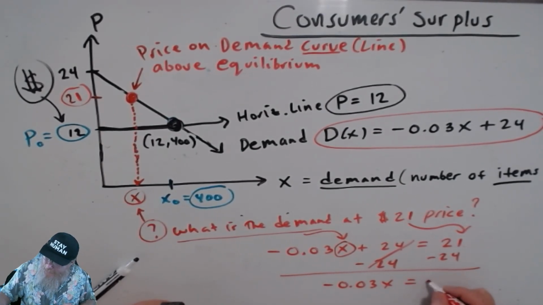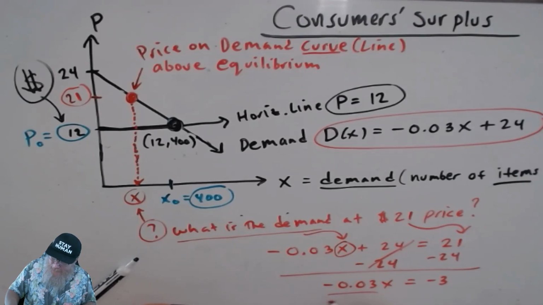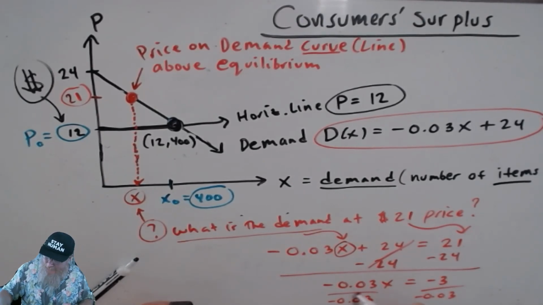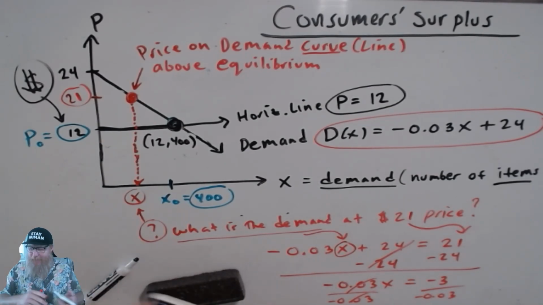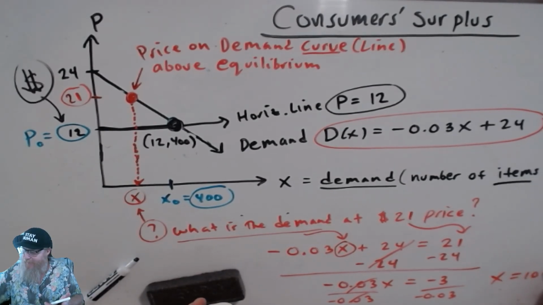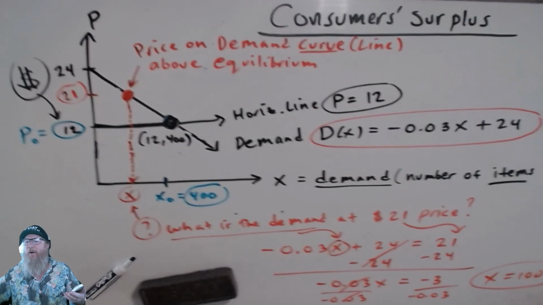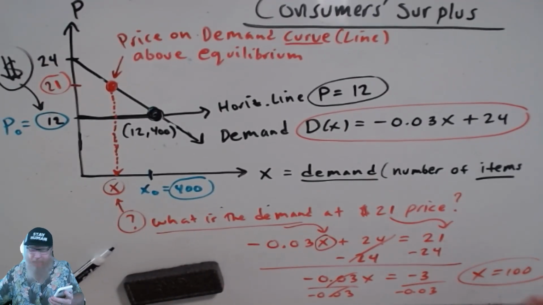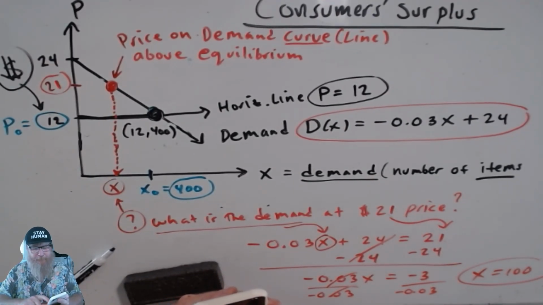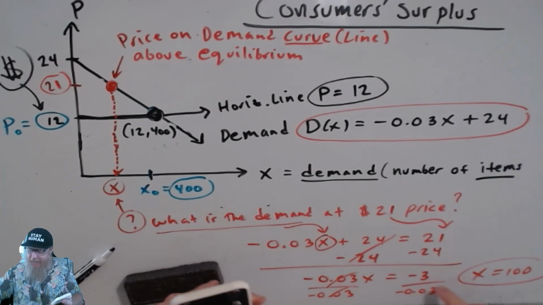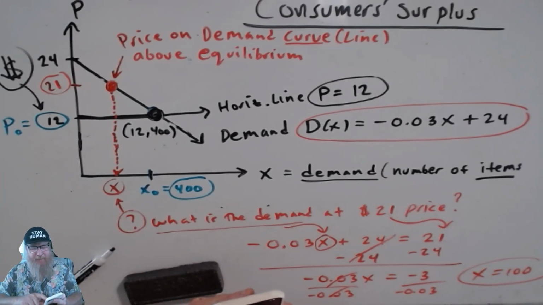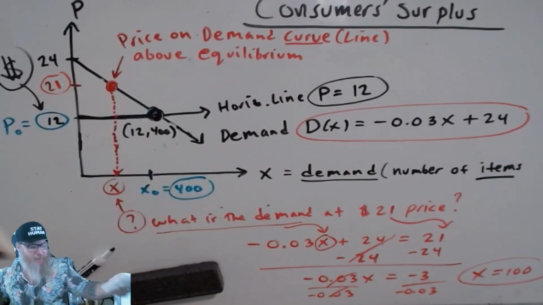I just don't want to have repeating decimals. So negative 3 divided by 0.03 is going to be 100. Much nicer, yeah? Okay, cool.